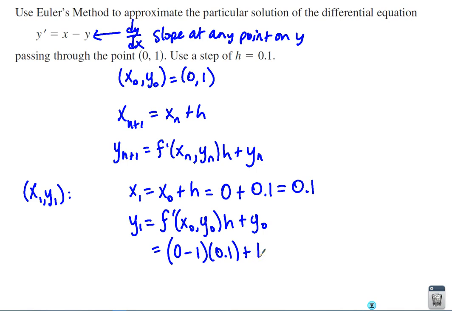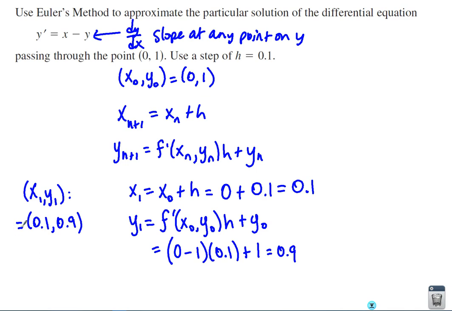So then I just clean this up a little bit here. Negative 1 times 0.1 is negative 0.1, plus 1 is 0.9. So now x1, y1 is equal to (0.1, 0.9). X naught, y naught was (0, 1).